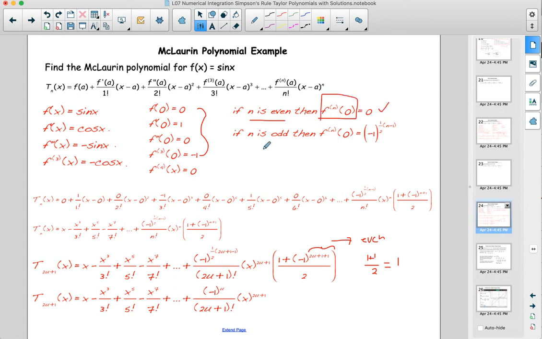If n is odd, then it's going to alternate between 1 and -1. So we're looking at 1, then the third derivative, then the fifth derivative, and that would be the 7th, and that would be the 9th, and this would be the 11th. So we have to ensure that when we are these values, it returns 1. When we are these values, it returns -1.